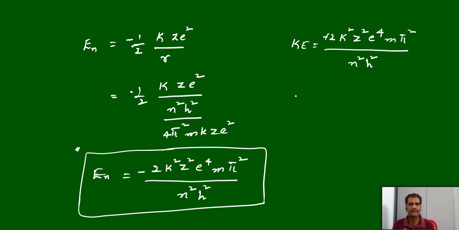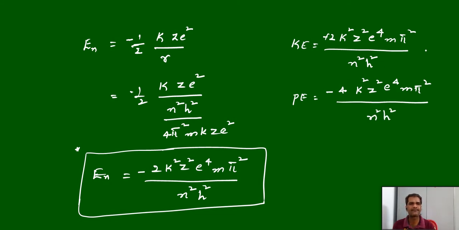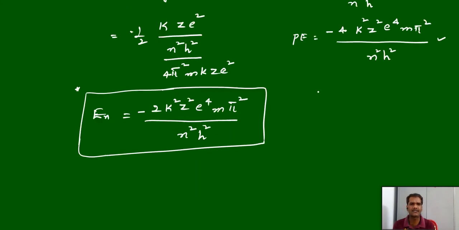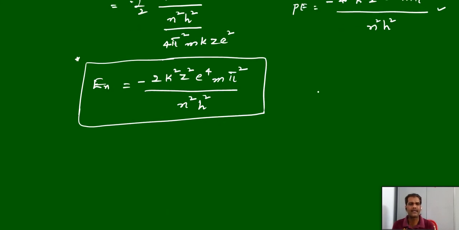And if they ask potential energy, then you get minus 4 K square Z square E power 4 m pi square by n square h square. These are the values with respect to K and pi. This is mostly advanced level they may ask you. Just expand the kinetic energy, potential energy further, there you substitute the R value and you will get it directly.